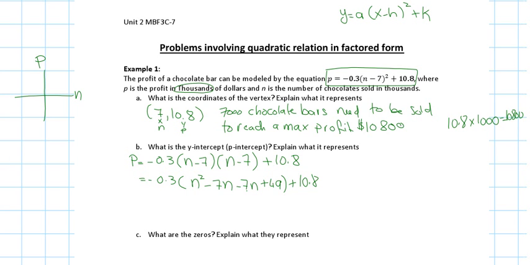I'm going to distribute the negative 0.3 in, and then collect all my like terms together, just so I don't do too many steps.